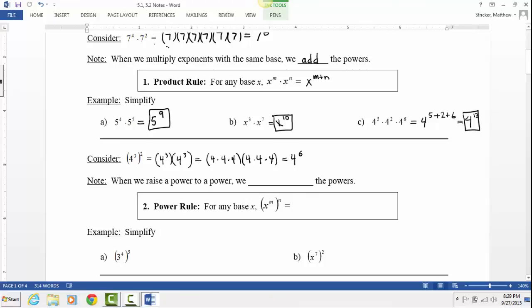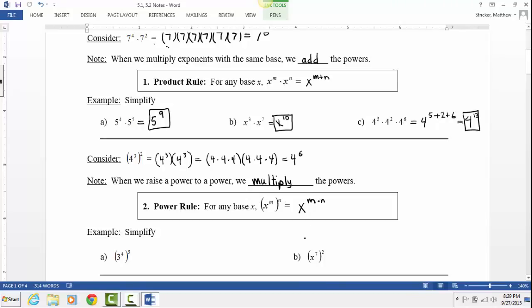And if you notice, to get to 6, we must multiply the powers. We take 3 times 2 to get 6. So when we raise a power to a power, like in this case 3 to the 2nd power, we don't add the powers like the last one, we multiply the powers. So in general, if I raise x to the m to the nth power, that's the same as taking x to the m times n.